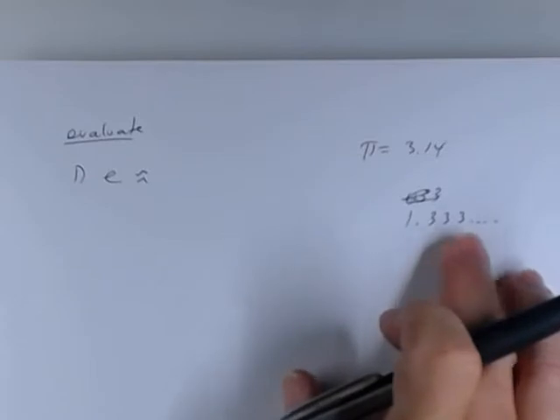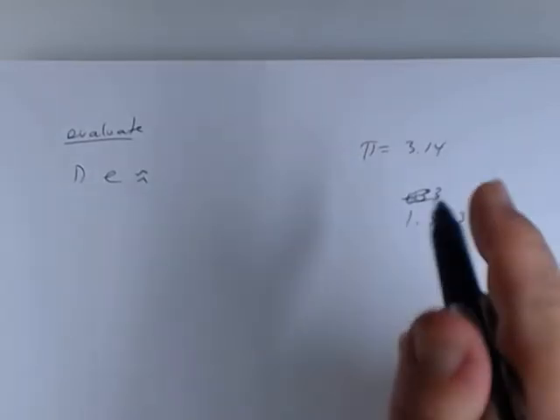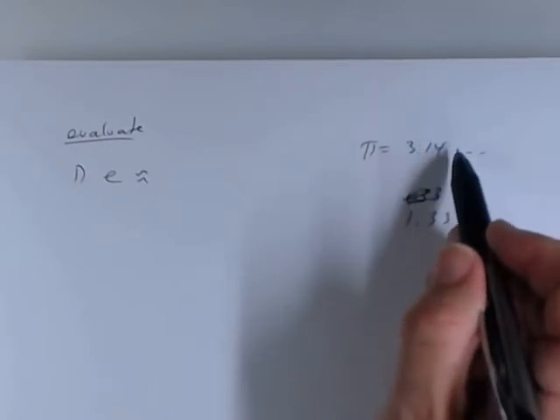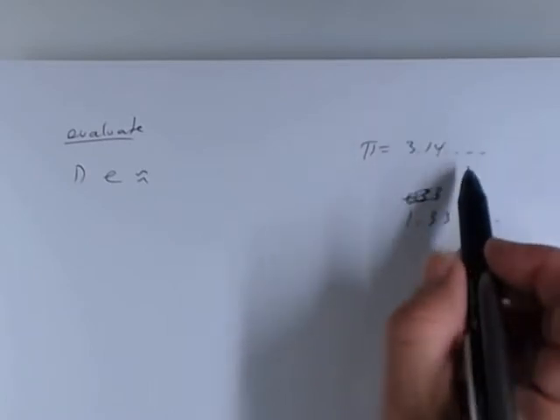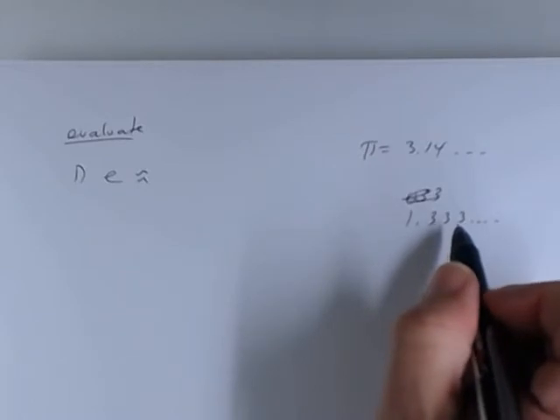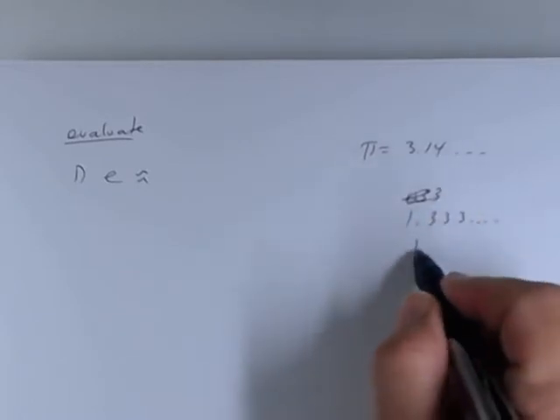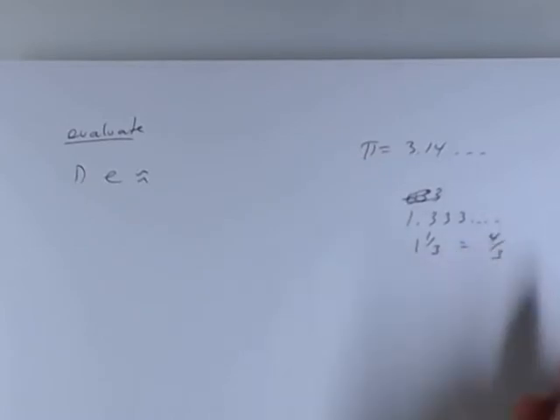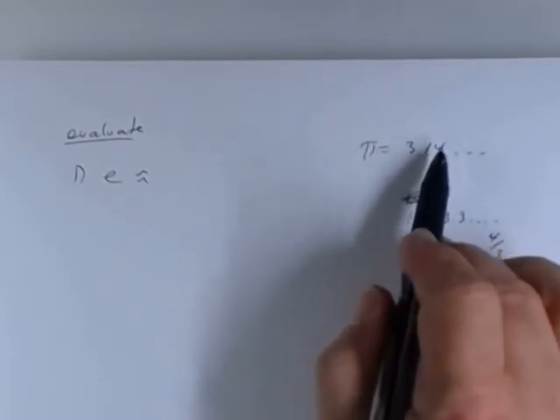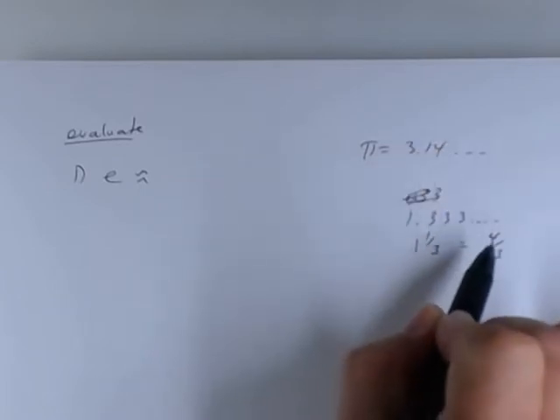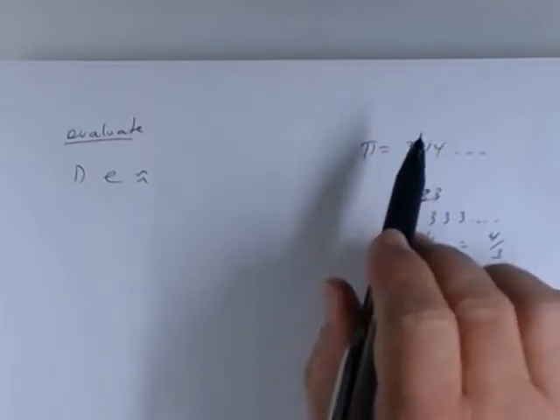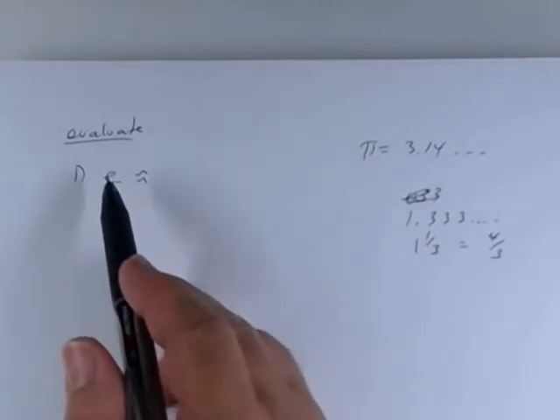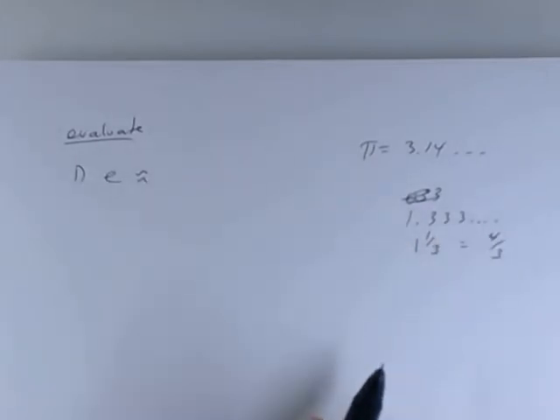That's a rational number. 3.14 and so on is an irrational number because there's no repetition at all in any of the digits. This is rational because I can write it as 1 1/3, which is what fraction? 4/3. There's no way you can write pi as a fraction, an integer divided by an integer. So that's why it's called an irrational number. The same thing with e. There's no way you can write e as a rational number.